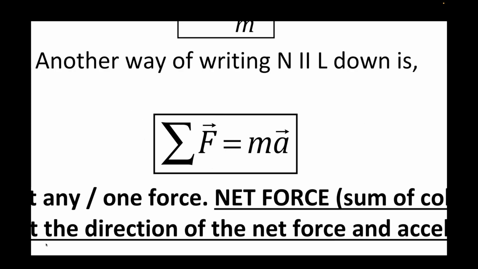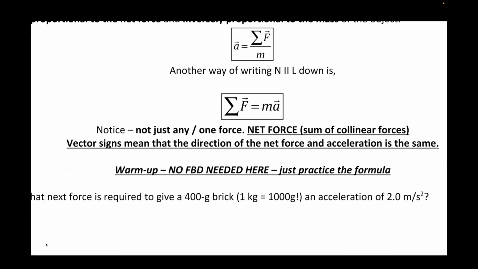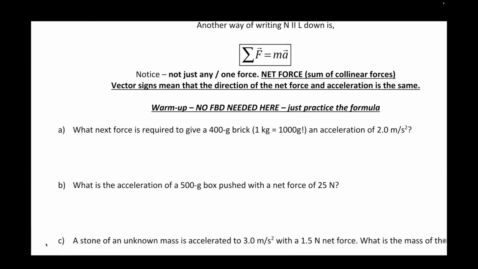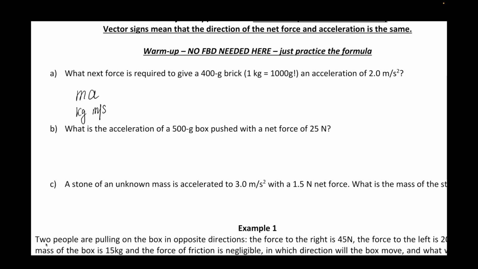In this worksheet, we have several situations, but before we go on to figuring out free body diagrams and combinations of forces, let's practice. This practice reminds us that force, which is measured in newtons, is mass times acceleration. Mass needs to be in kilograms and acceleration needs to be in meters per second squared.